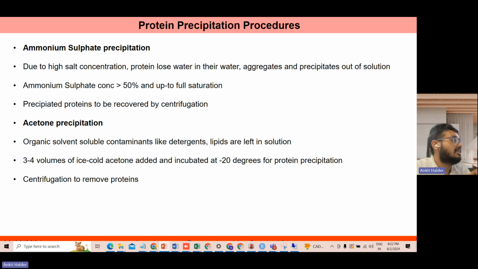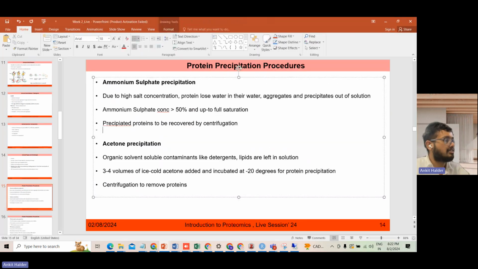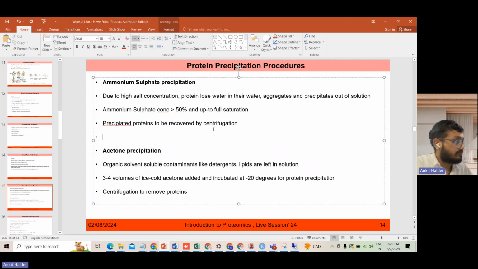But it has certain disadvantages, right? You will better appreciate this if we use this kind of high concentration of salt, meaning up to 50% and up to full precipitation of ammonium sulfate salt.